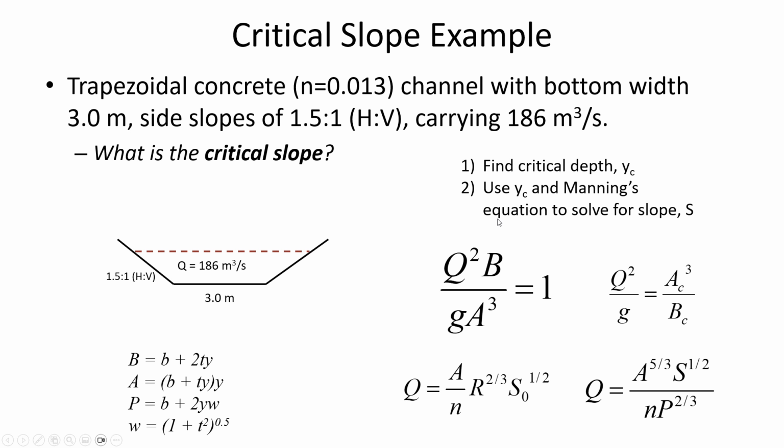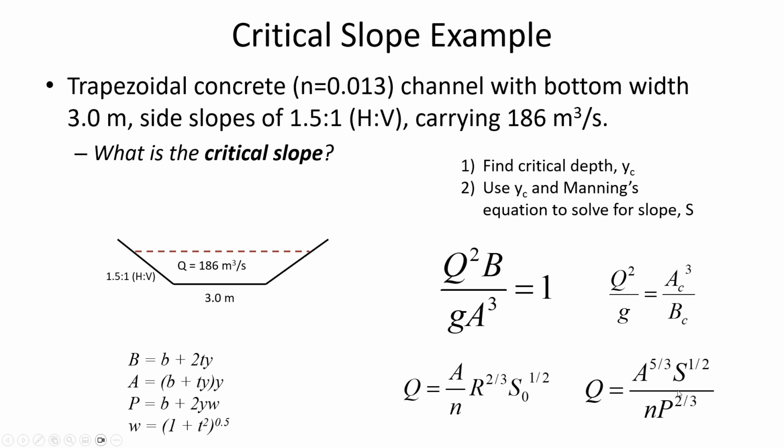All right, so part 2 is now using that critical depth that we've found, let's put it into Manning's equation, where we will need wetted perimeter now. The only unknown in Manning's equation is going to be the slope, because Q is 186, area is whatever area is related to 4.12 meters.